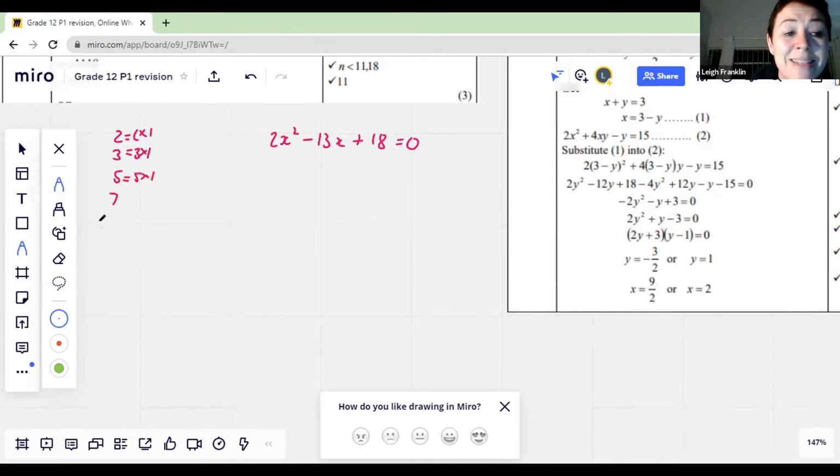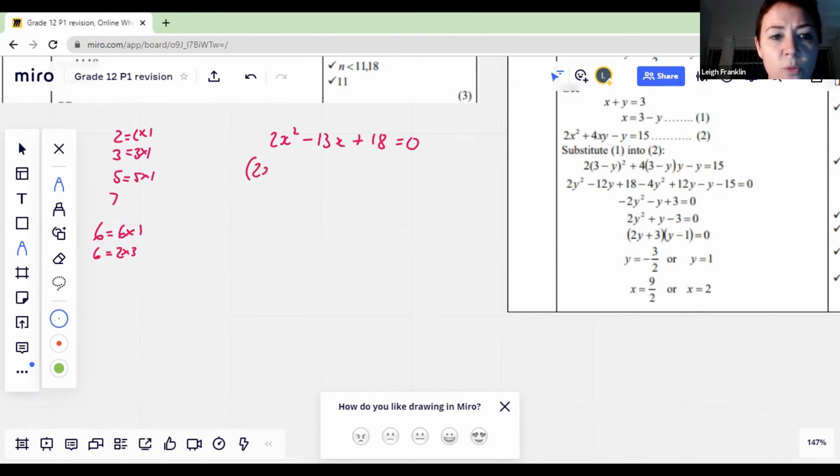If you have a number like 6 at the front, it can be a little trickier, because you can get 6 by saying 6 times 1, or by saying 2 times 3. If it's not a prime number, it's going to be a little more difficult. Because 2 is a prime number, it makes factorizing a little easier for us here.